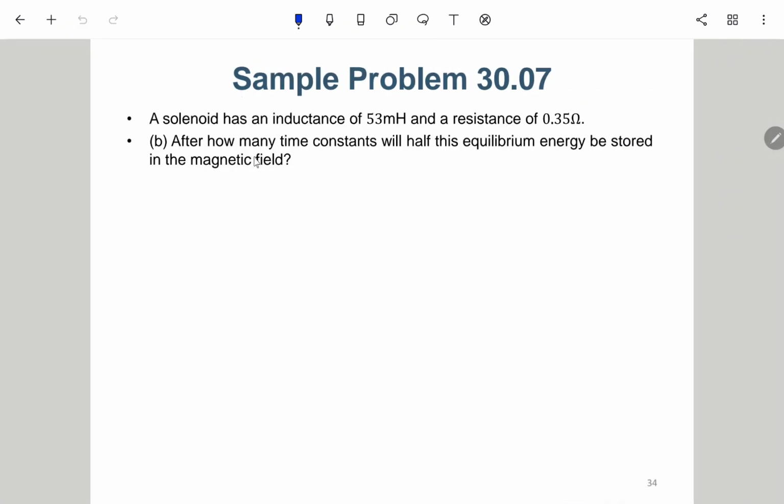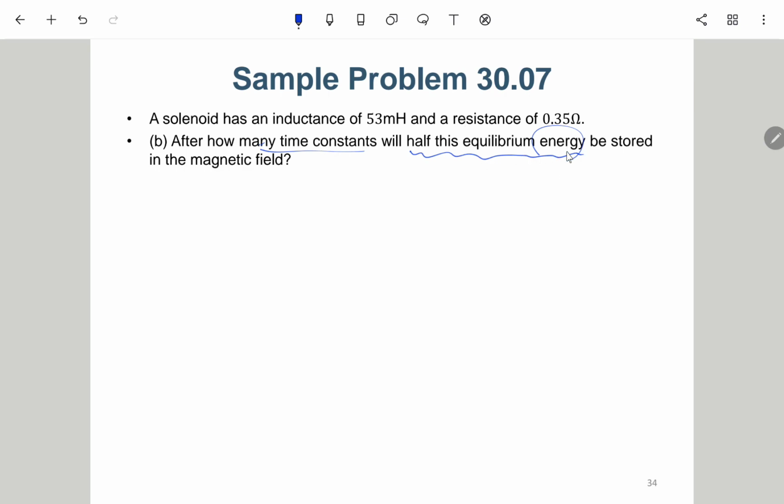Okay, so for question B, after how many time constants will this equilibrium energy be stored in the magnetic field, in the B field? This is somehow different from the previous sample problem. For the previous one, it asks for the current going to half of its equilibrium, and this one is for the energy.